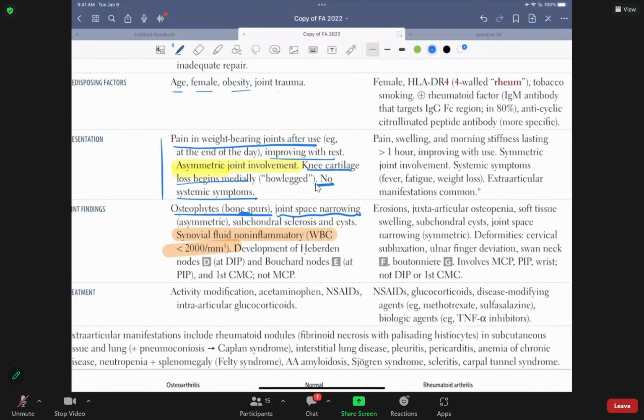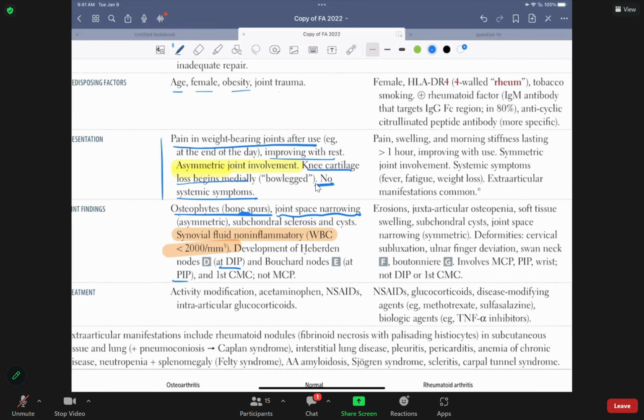Development of DIP and PIP. In my hand, which one is DIP and which one is PIP? DIP means distal, all the way far. This is proximal. So what is this called? MCP, metacarpophalangeal, because it's a phalanx with a metacarpal.